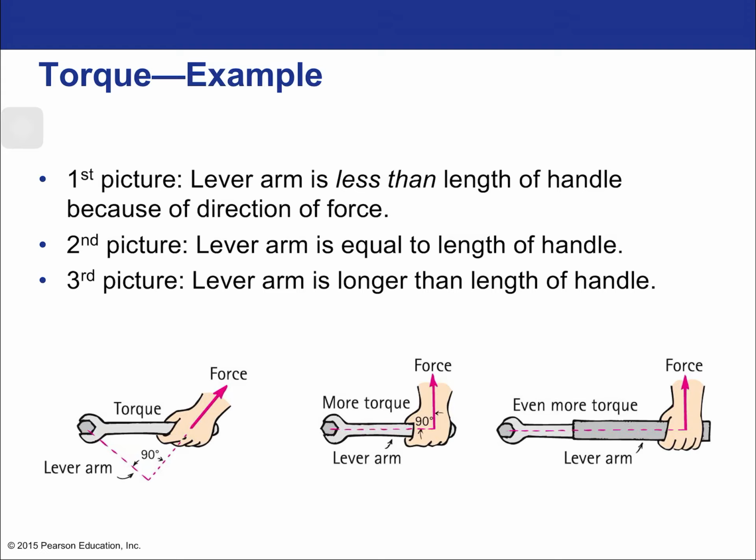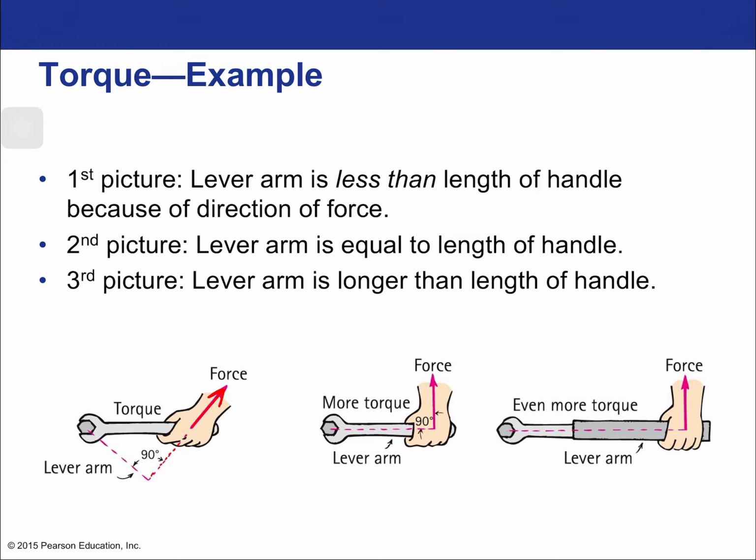All right, let's talk about how we would visualize the lever arm using the idea of vectors and components and right triangles. In the first picture, the lever arm is less than the length of the handle because of the direction of the force. Notice that the hand is applying a force in the direction of the arm, right there, and that force is continued down here.